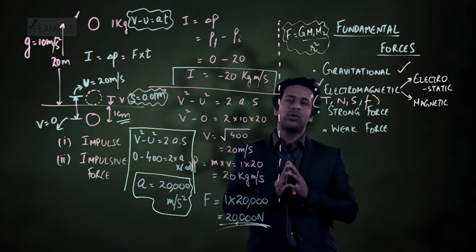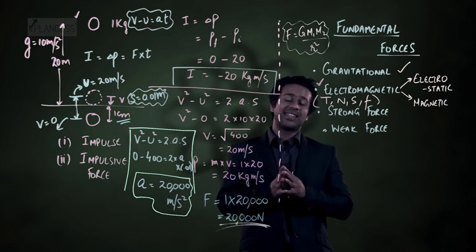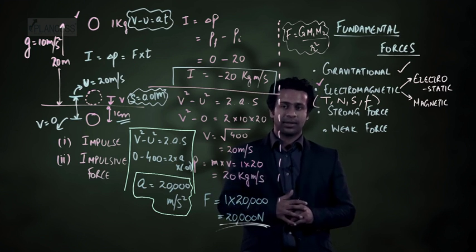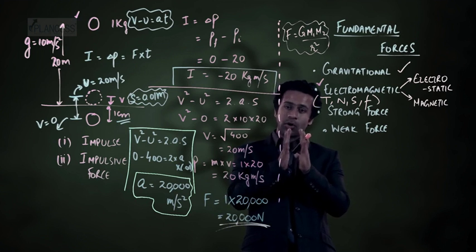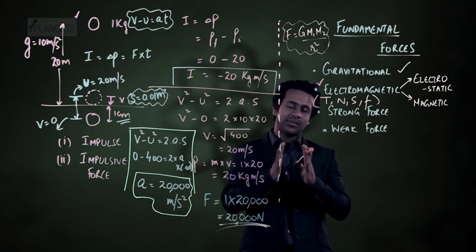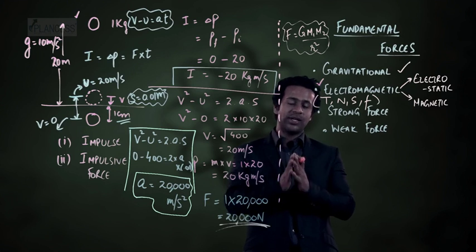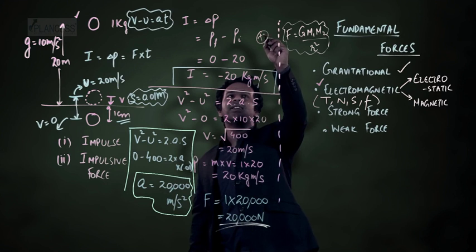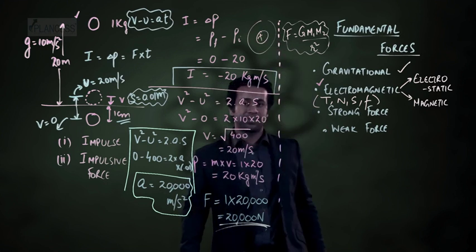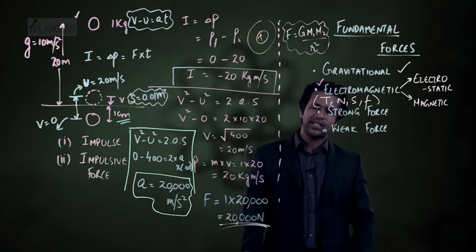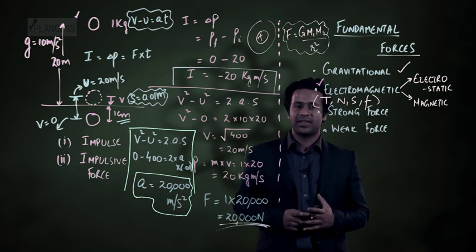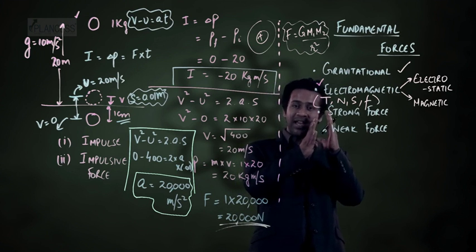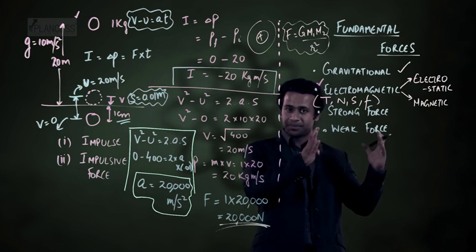When we talk about normal, the force is exerted through contact. What will happen when you establish contact? The two materials being brought close together, their atoms become very close to each other. An atom is made up of a nucleus and electrons around it. When they come very close, they start repelling each other, and that is why if you push one object close to the other, the other is pushed further.